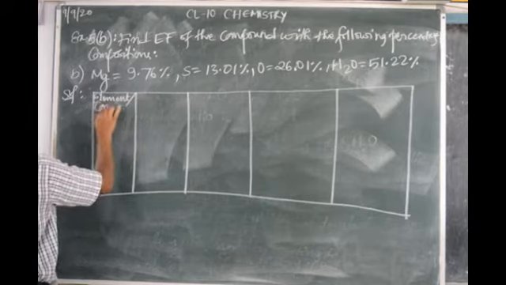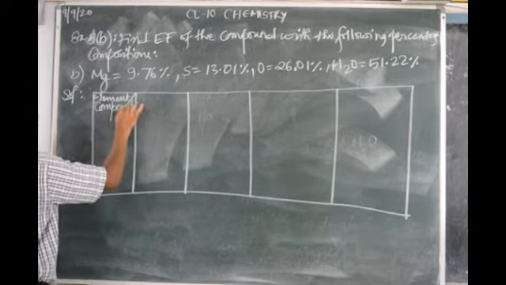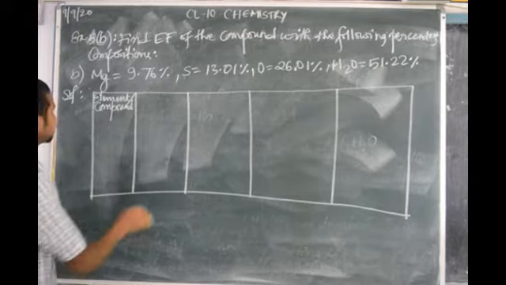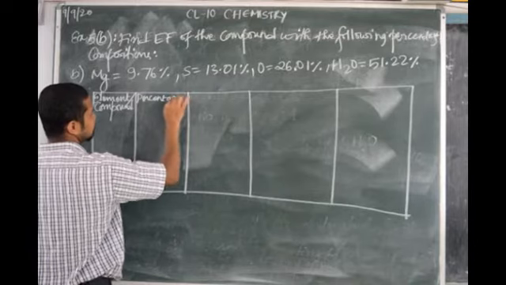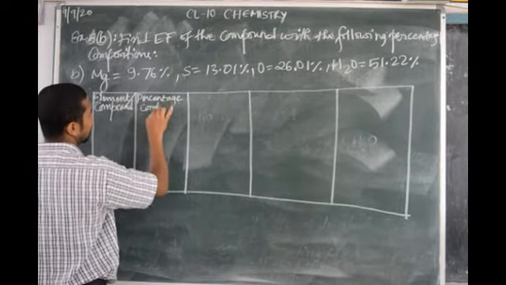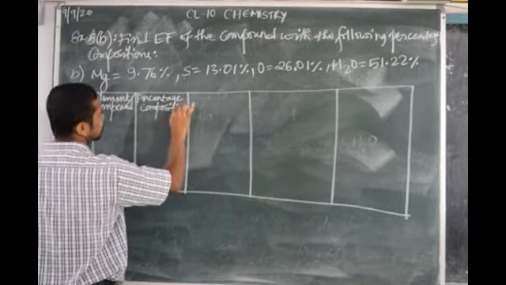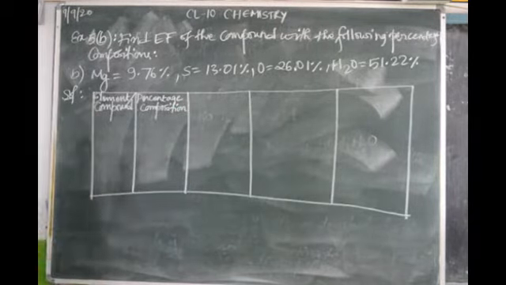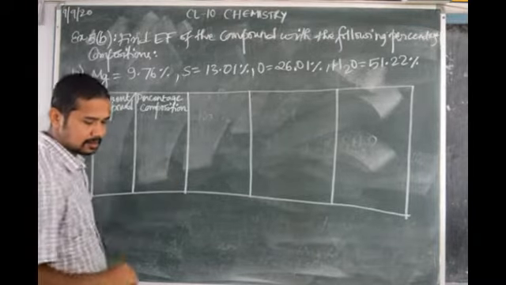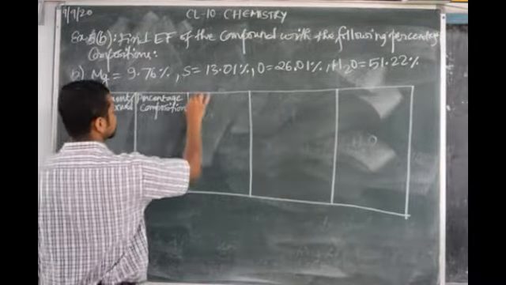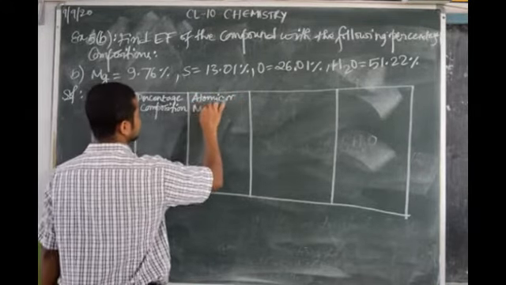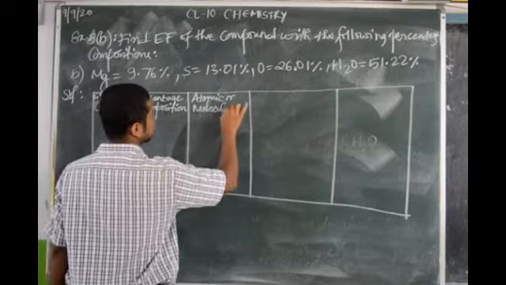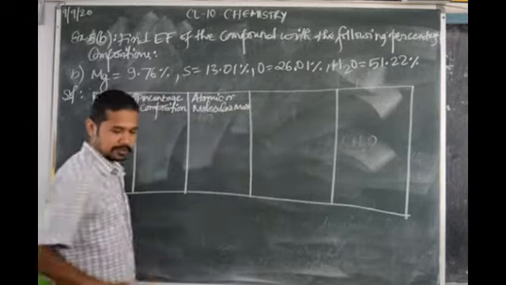In this column you will be writing element or compound. And then here you will be writing percentage composition. Then atomic or molecular mass.